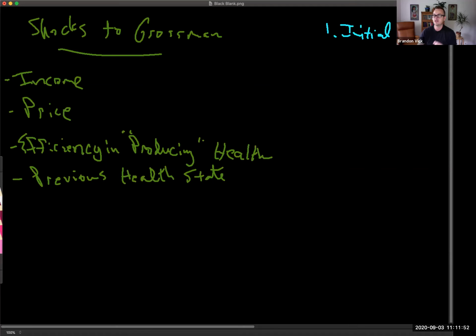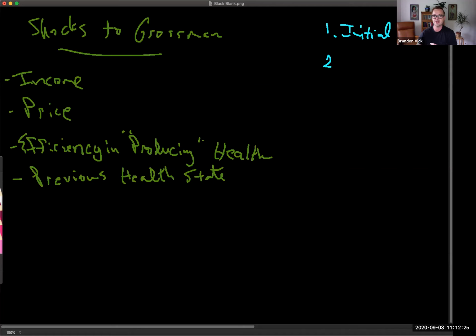Okay, so person X has some level of income. They have some happiness derived from health. They've made a certain set of health decisions in their life, and they've achieved some kind of health outcome and happiness outcome. All the things that go into the model are set at some level for a person. That's going to be our initial equilibrium, and that's the starting point for our analysis.